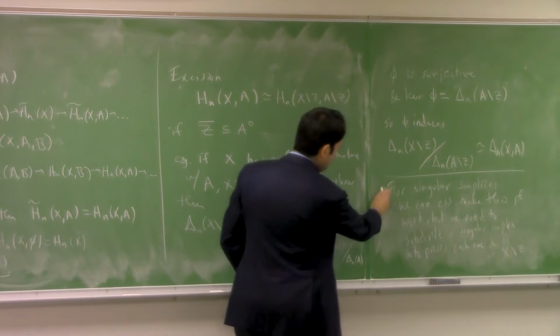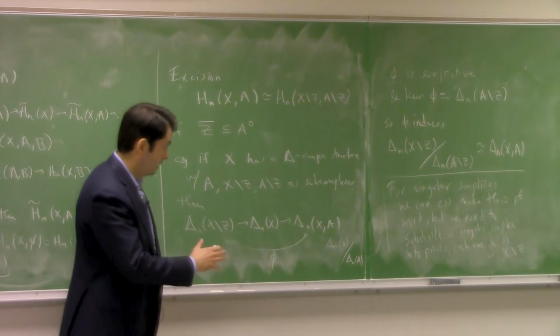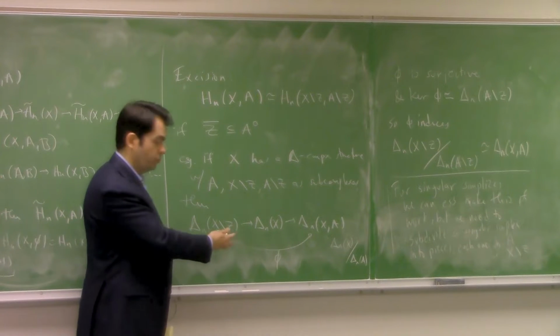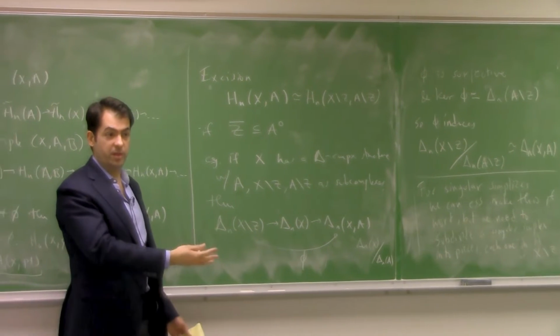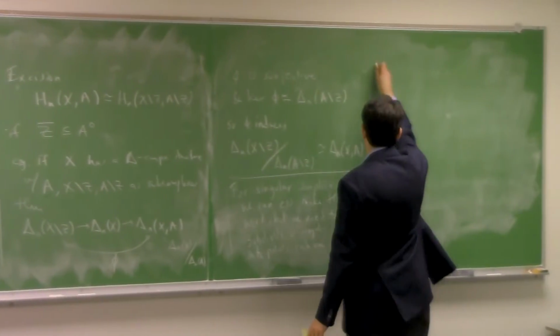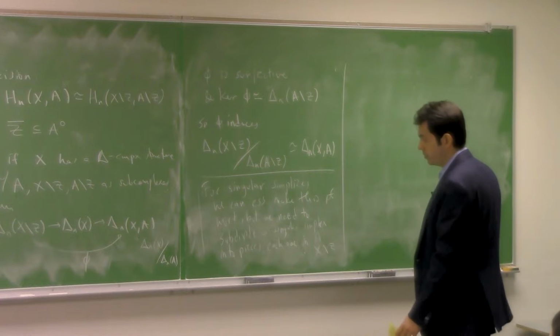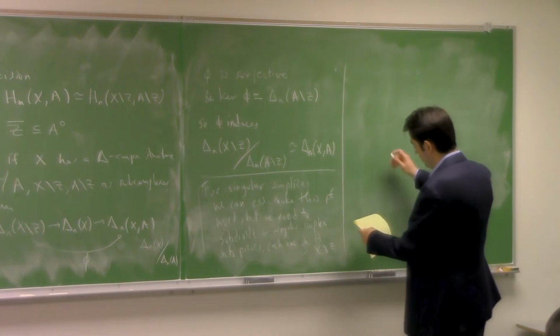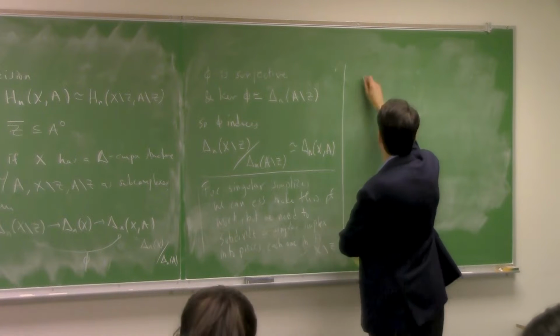Okay, so this is the idea. This is what we want to do. We're going to subdivide simplices until they map into one of these elements of the cover. There's nothing special about having two elements of the cover. We could have any amount of elements in our cover. So let's set it up like that.